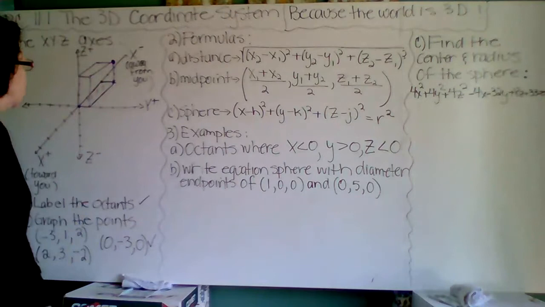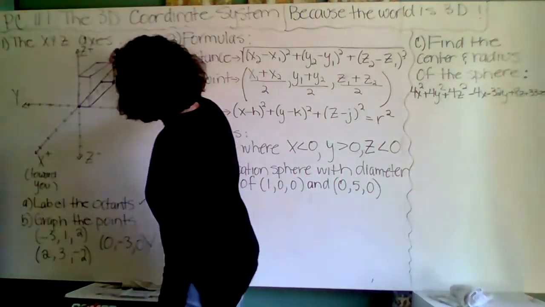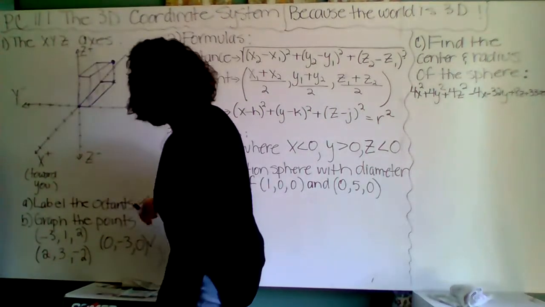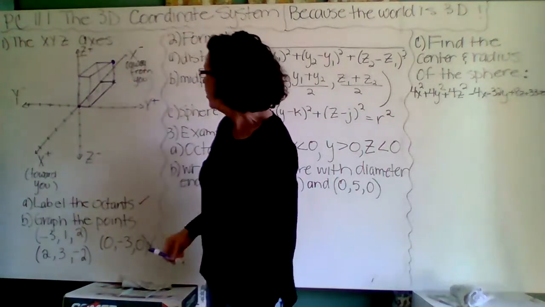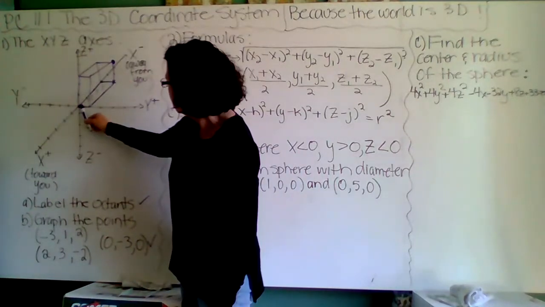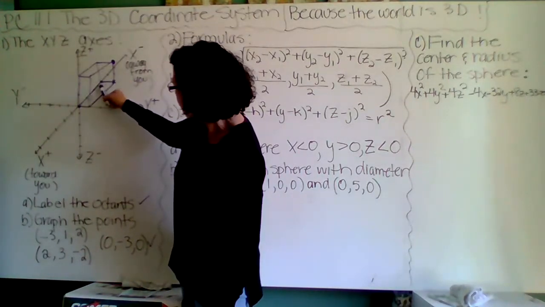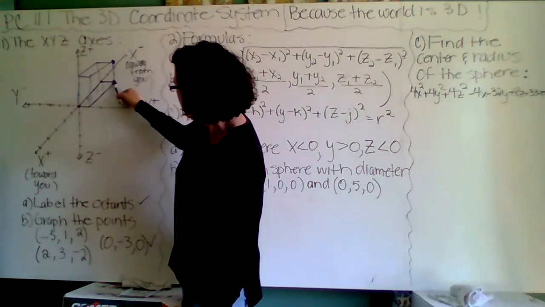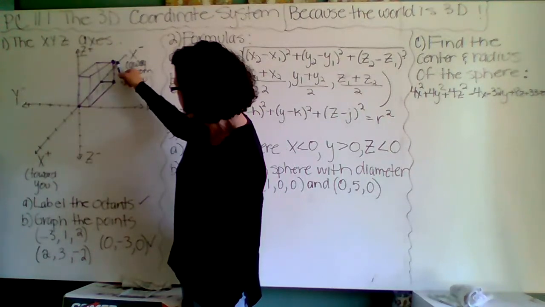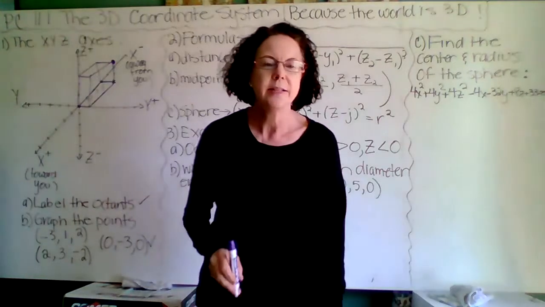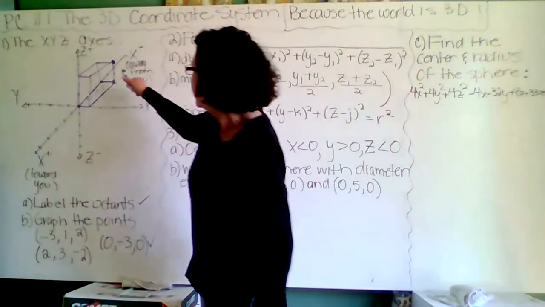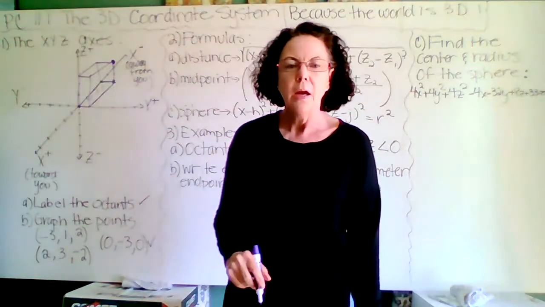There we go. So now that's a little better. We can see our point here. We can see that we moved -3 on the x-axis, 1 on the y-axis, and up 3. And we can kind of see the depth of where this point is actually located.